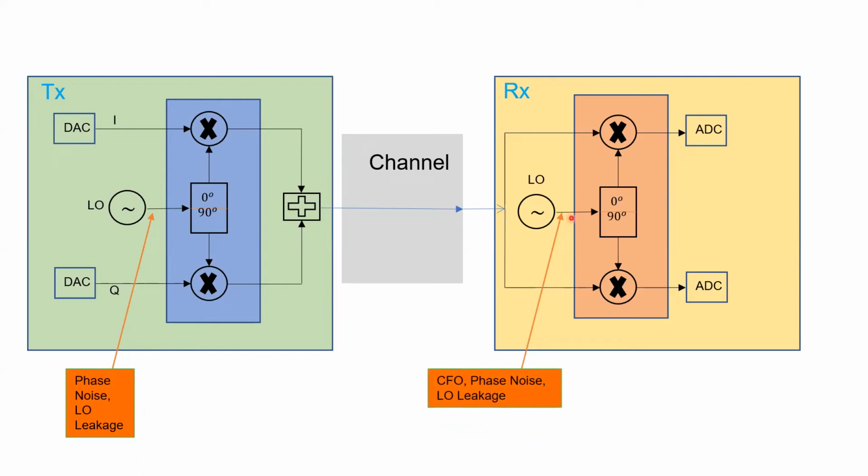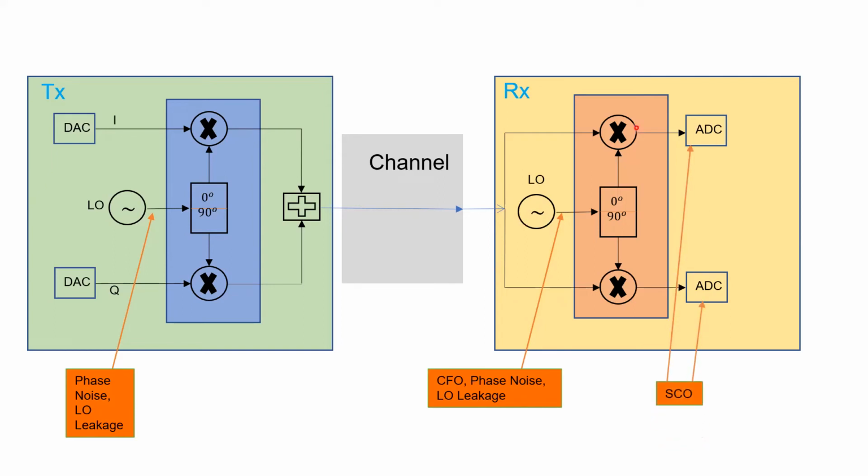Similarly, on the receiver side, I have also put another term, which is CFO or carrier frequency offset. For example, if at the transmitter the carrier frequency is 3 gigahertz, it need not be exactly the same at the receiver end. It may be offset by some 100 hertz, 1 kilohertz, or 10 kilohertz, based on how good my LO is.